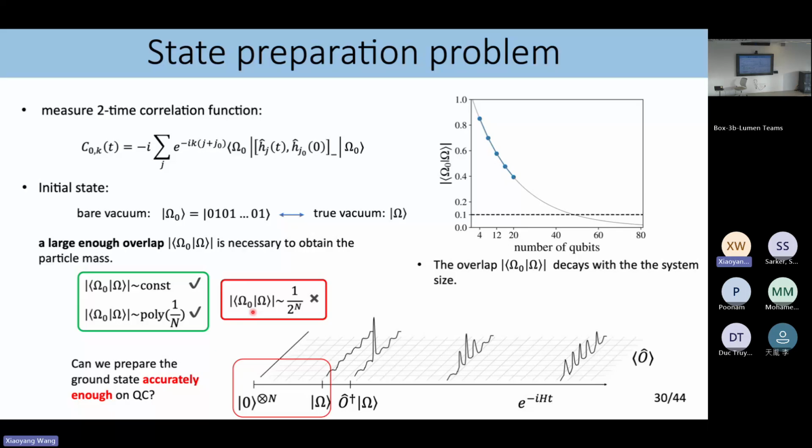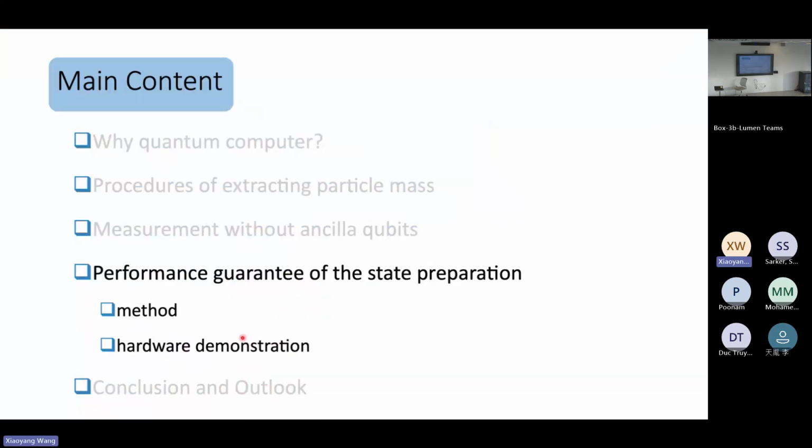So actually, the state preparation method is very crucial for us to extract a signal from a quantum computer at larger system size. So our question is, can we prepare the ground state accurately enough on the quantum computer? This is the reason that we want to study the problem of state preparation.